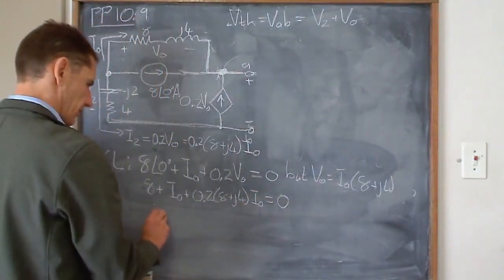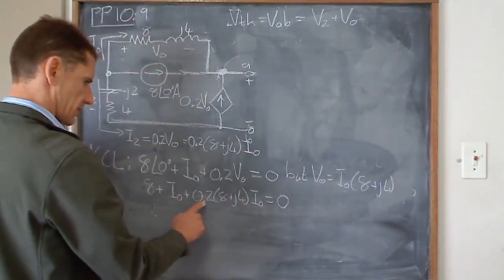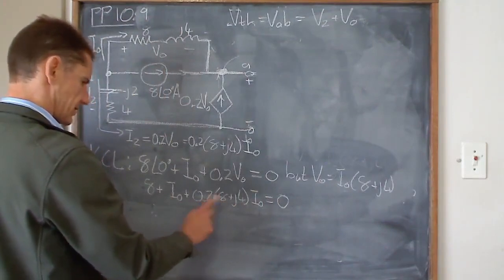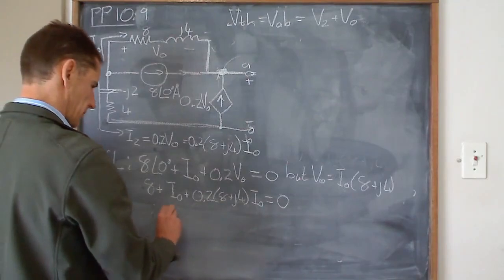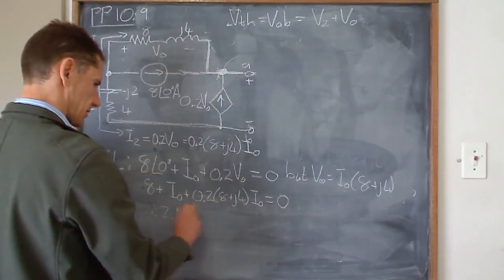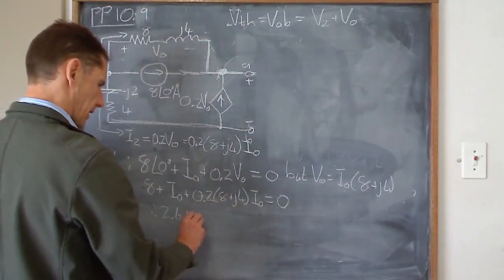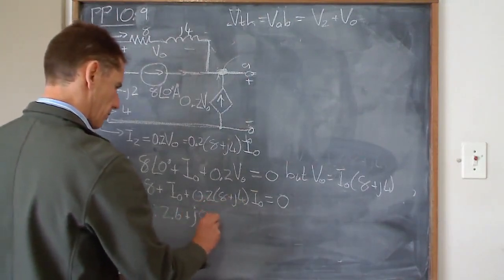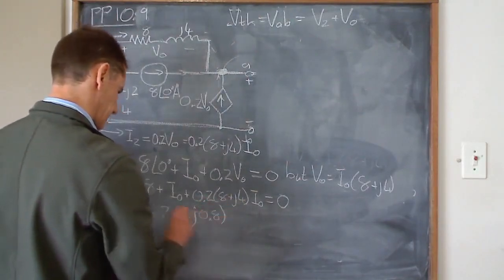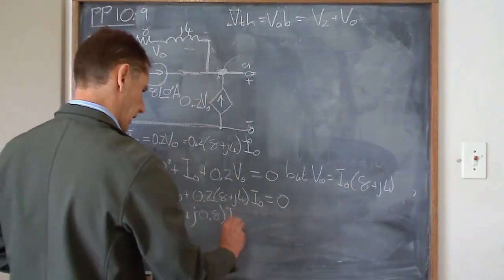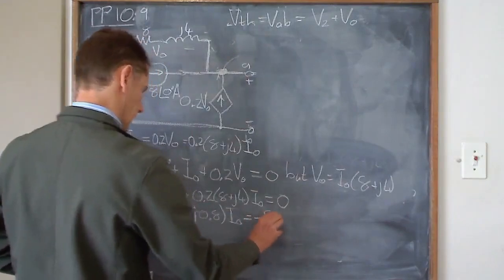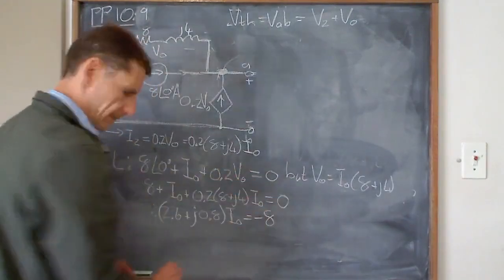So in other words, let's multiply 0.2 times the 8 gives me a 1.6 plus this gives me 2.6, and then plus J 0.8, I out must equal minus 8 because that 8 goes over.